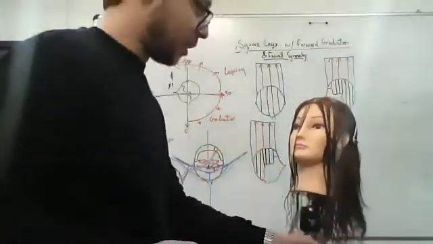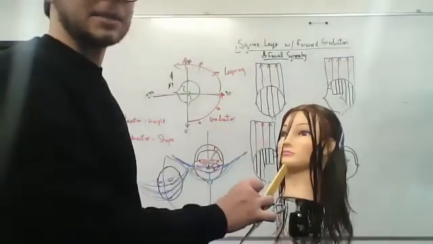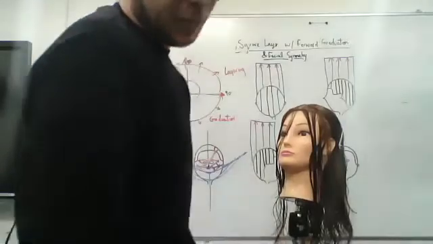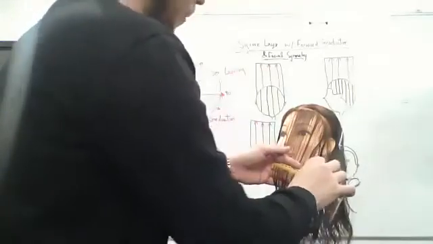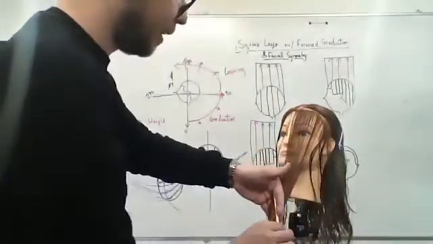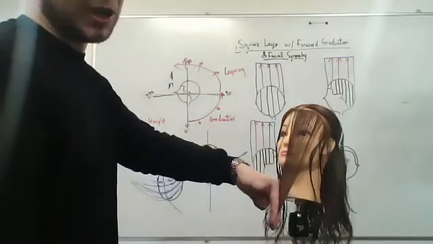So now I'm going to stand directly in front of her and I'm going to use the point of her chin as my angle guide or the guideline for my angle. Okay, so I'm going to pull down with the same elevation. So my elevation is just off the point of her nose. Okay, and I'm going to angle my fingers down to the floor and my knuckles up to the point of her chin.